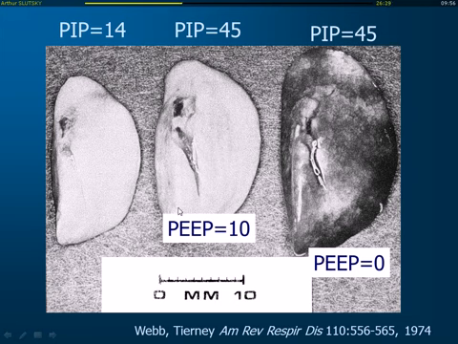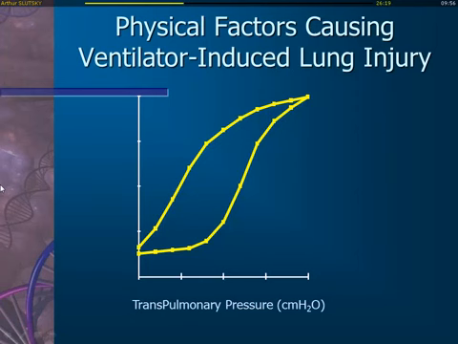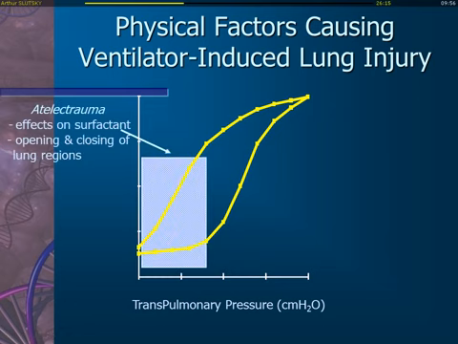There may be other mechanisms that may explain the decrease in lung injury, due to the fact that you're still overinflating the lung, but now protecting it. So if we sort of summarize some of the physical factors causing ventilator-induced lung injury, injury can be caused by ventilation at low lung volumes, atelectrauma, lungs opening and closing, and there are effects on surfactant.